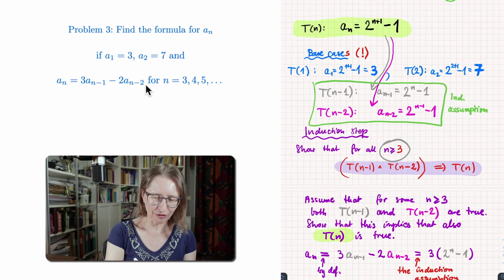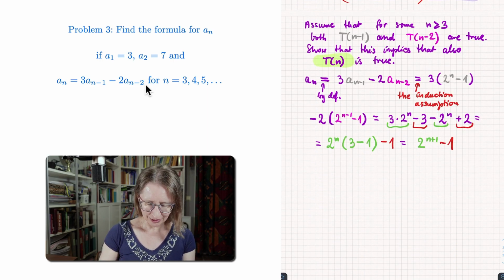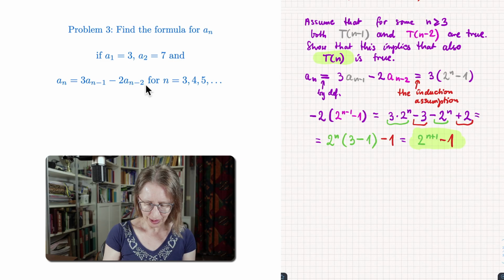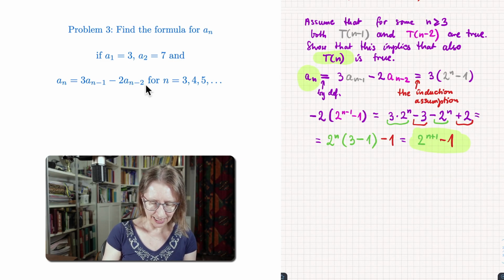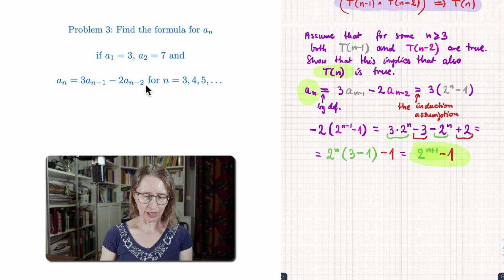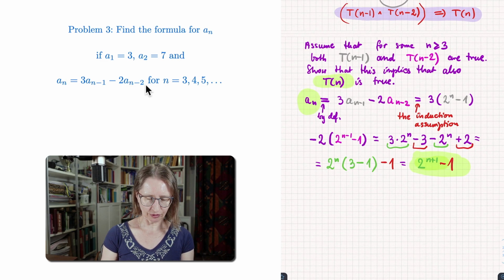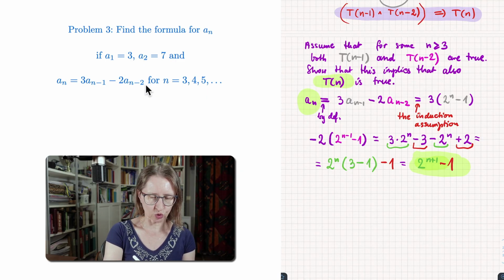This is our T of n, you see? So I can take the same green color and mark this a n in this green color. So assuming that T of n minus 1 and T of n minus 2 are both true, we get that T of n is also true.